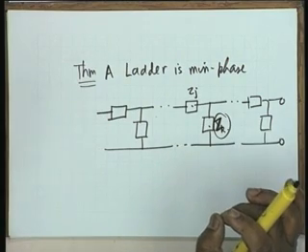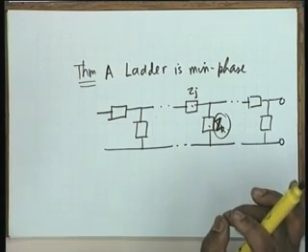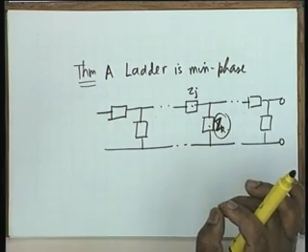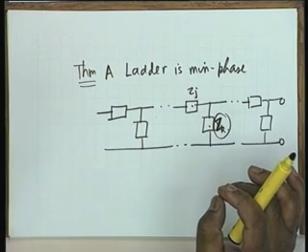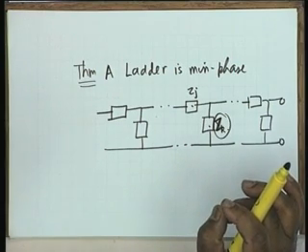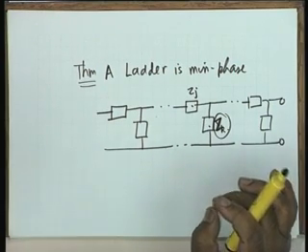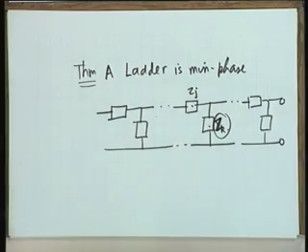A question: can a ladder have multiple transmission zeros? Yes, sir. I have not finished the question. Anywhere in the S plane? No. Can it have a multiple? No, sir. Why not?